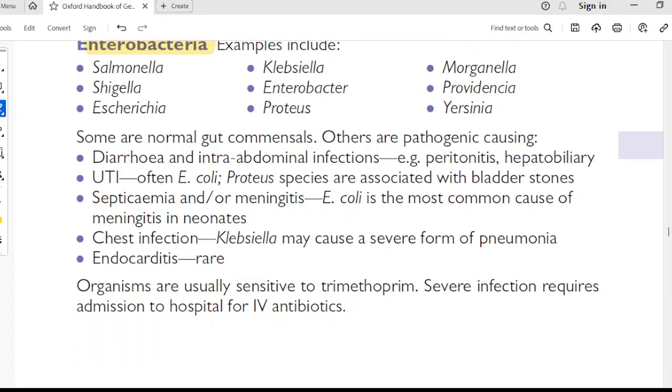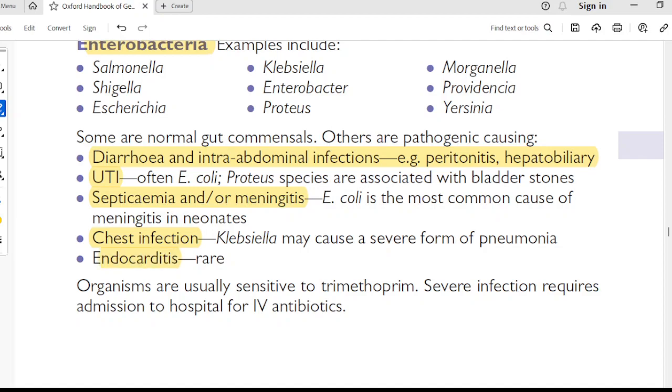They cause diarrhea and intra-abdominal infections, peritonitis, hepatobiliary infections, and UTI, often E. coli. Proteus species are associated with bladder stones. Septicemia or meningitis: E. coli is the most common cause of meningitis in neonates. Chest infection: Klebsiella may cause a severe form of pneumonia.